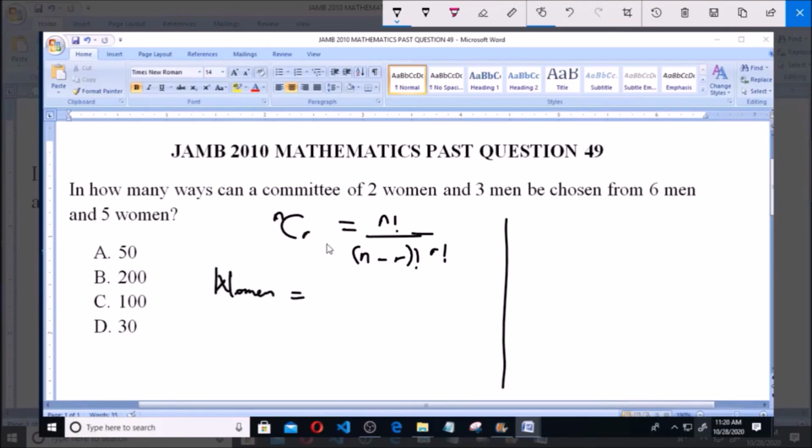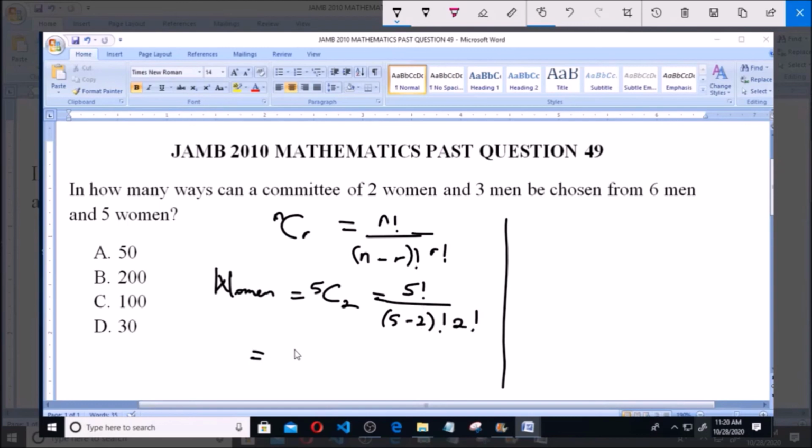So now for women, we are trying to pick 2 women out of 5 women. That is 5 combination 2, which is equal to 5 factorial all over 5 minus 2 factorial times 2 factorial.